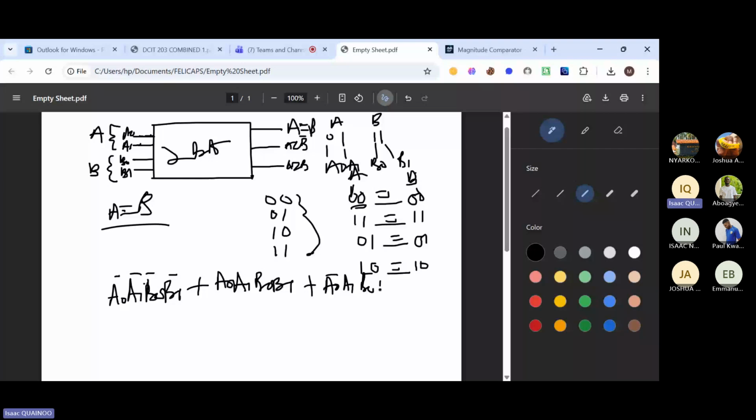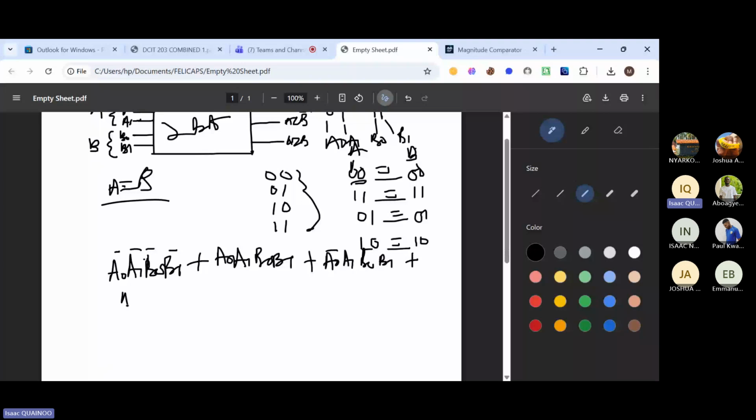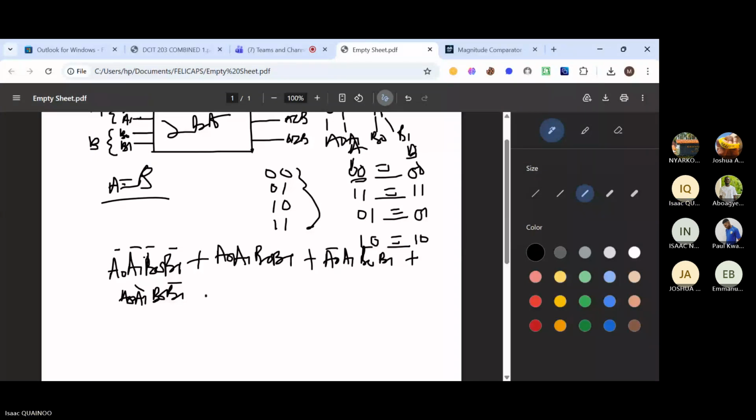We know 10 is going to give us A0 A1 prime, and for the other side we have B0 B1 prime.